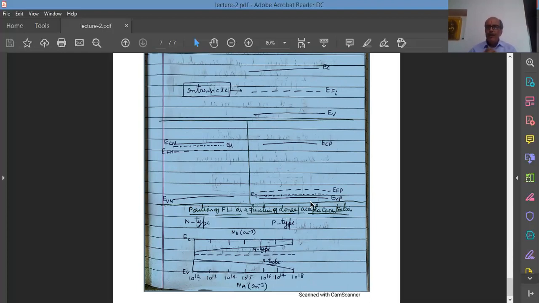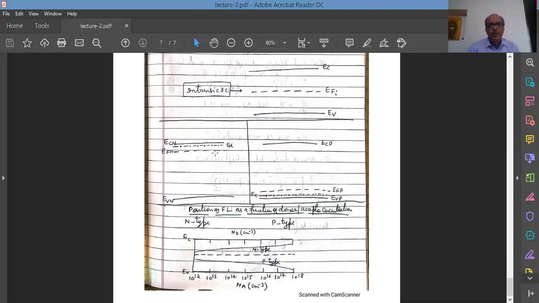Now, if you look at these figures, you see one more level, that is the donor level in the case of an N-type semiconductor and the acceptor level in the case of a P-type semiconductor. So I will explain this also before I stop for this lecture. Here, the donor level lies just below the conduction band.